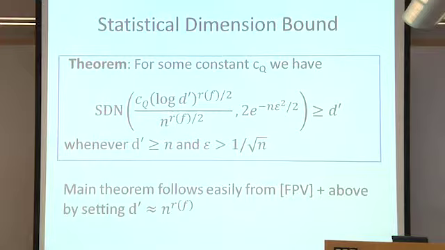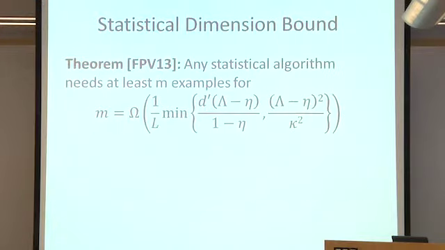So now the main theorem follows easily. If we set D prime equal to n to the r of f, and kappa is equal to this term, then D prime is n to the r of f, and we have n to the r of f over 2, but squared, so we get n to the r of f in both cases.